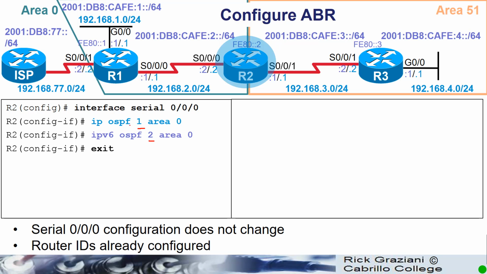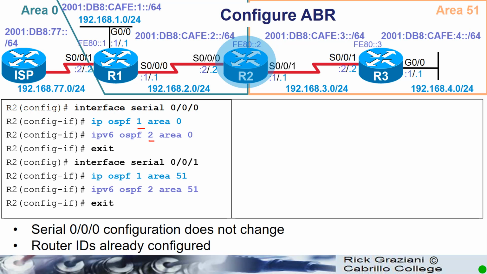That would mean that this is going to be for IPv4, this would be for IPv6. Go to the appropriate interfaces, the appropriate statements with the appropriate areas that they belong to. That's going to be these guys over here.